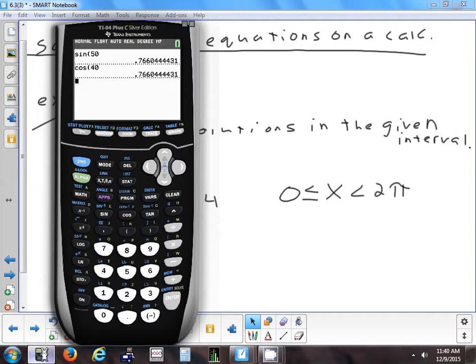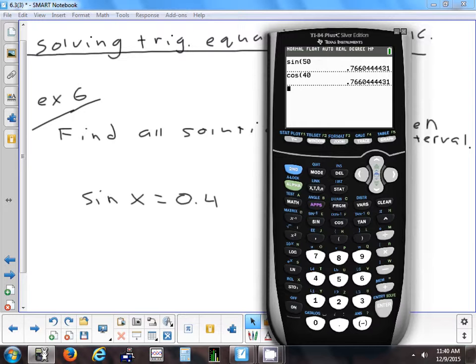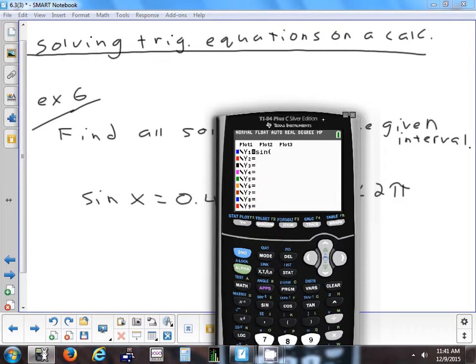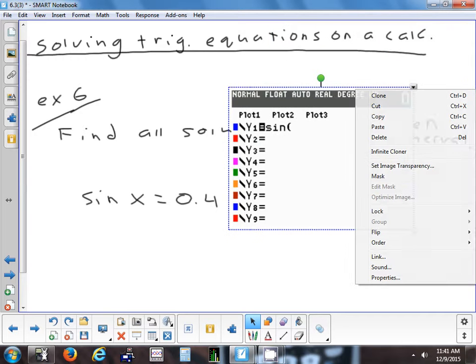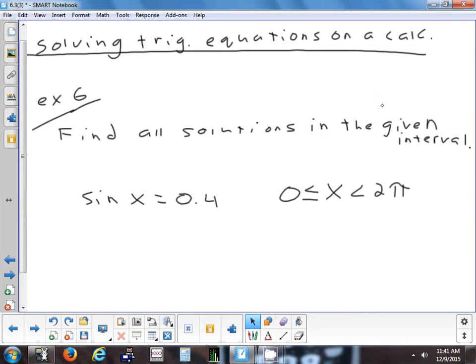How could I solve this problem? How would I type that in? If we were going to solve by hand, we would be using inverse sine. But for this, all I'm going to do is show you how to solve it on the calculator.